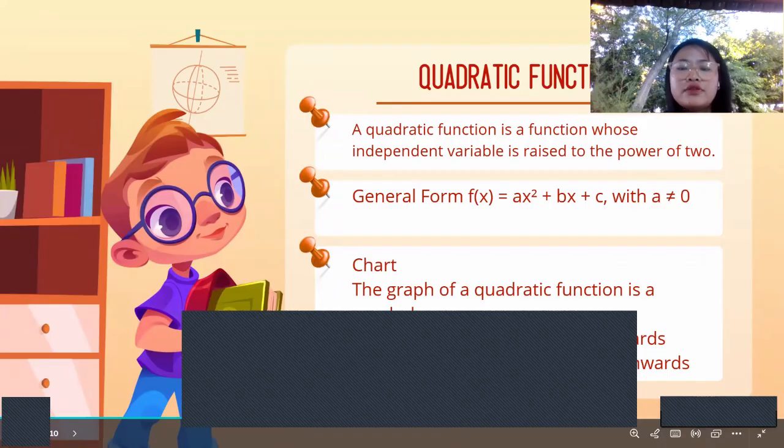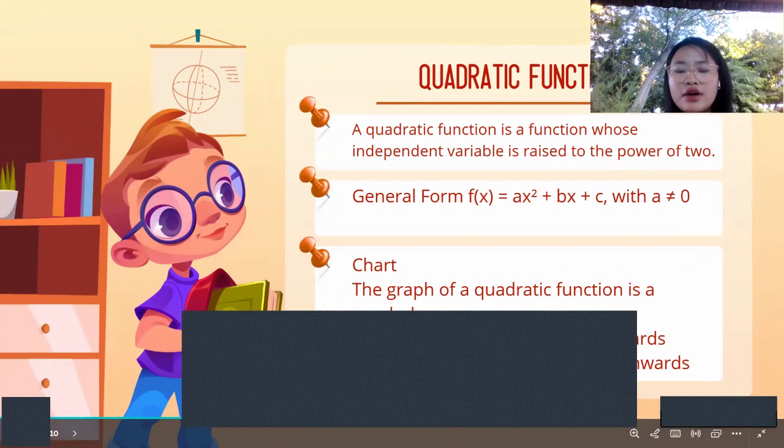Now let's move to the quadratic function. A quadratic function is a function whose highest power of the variable is 2. The general form is f of x equals ax squared plus bx plus c, where a is not equal to 0.